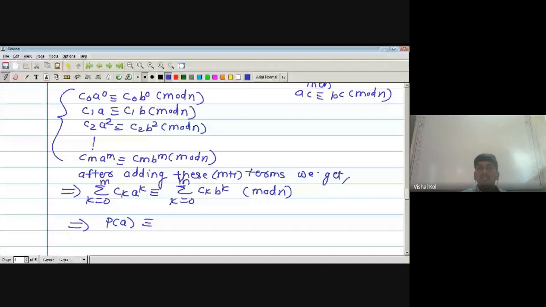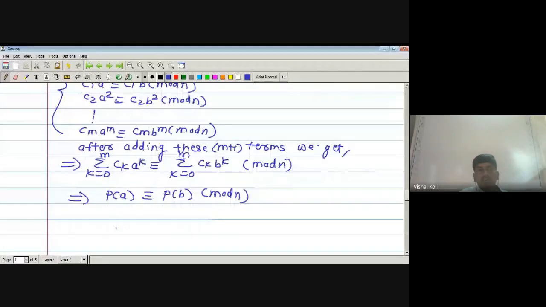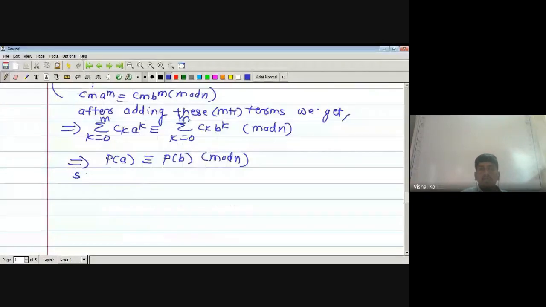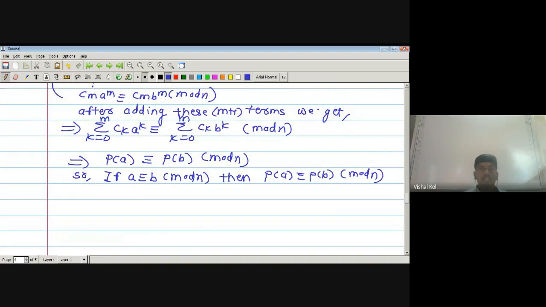That is a polynomial in B, denoted by P of B, modulo n. So here we get P of A is congruent to P of B modulo n. So if A is congruent to B modulo n, then P of A is congruent to P of B modulo n, and which is the required result.